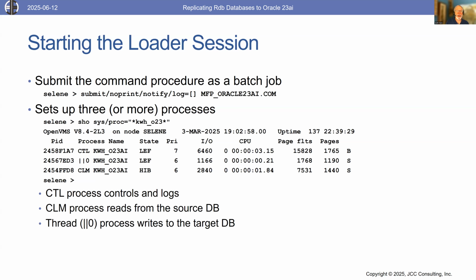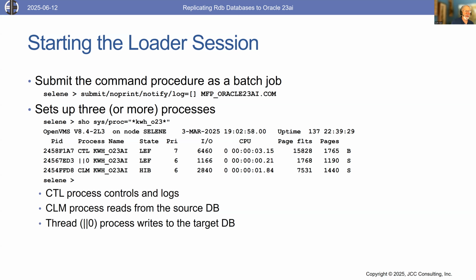And this is going to set up several processes. The CTL process is the main batch job that started this, and that creates some sub-processes. The CLM sub-process is the process that reads from the source DB. Actually, it reads from the mailbox, or this is the process that runs the RMU unload/after command that writes to the mailbox.